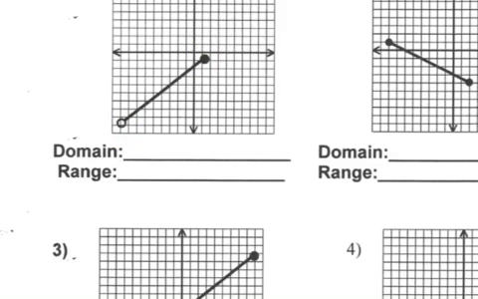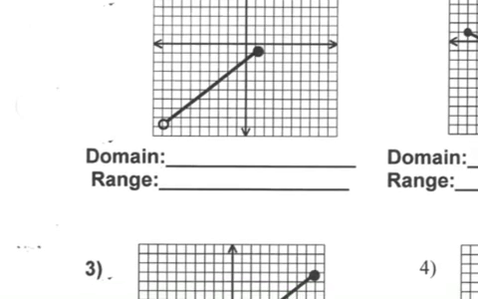Again, our domain is going to be just the x values, and so what I would do is I would go ahead and label my x's, and I would probably do it up here near where the dots are. So up here our x is a positive 1, and over here at this dot our x is a negative, wrote down the wrong number on my page, sorry about that.